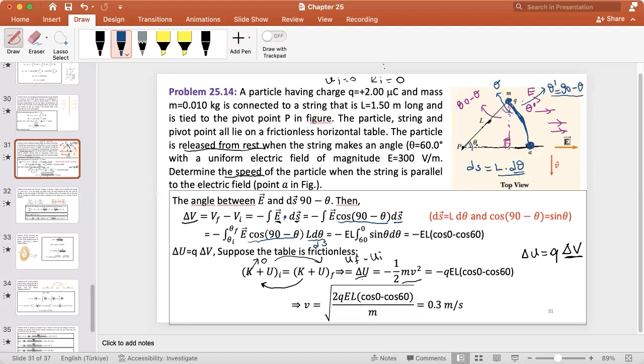Can you see? Because we are trying to calculate the changing angle at the P point. So now I think we can write it. Oops, sorry.